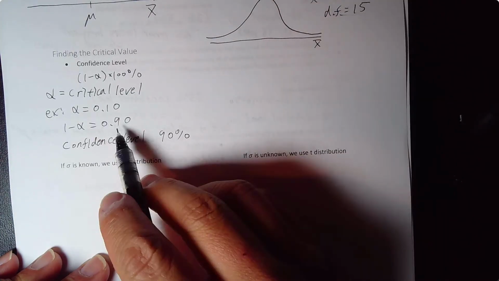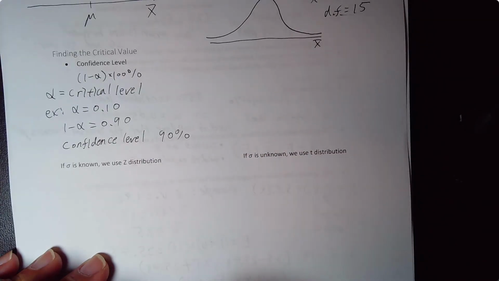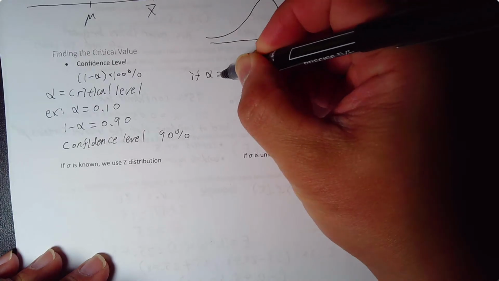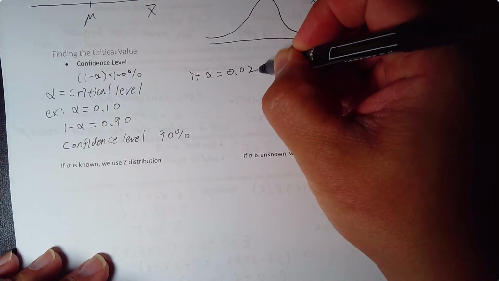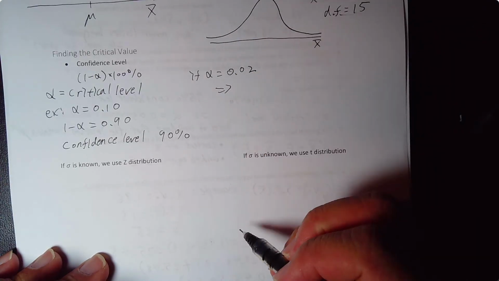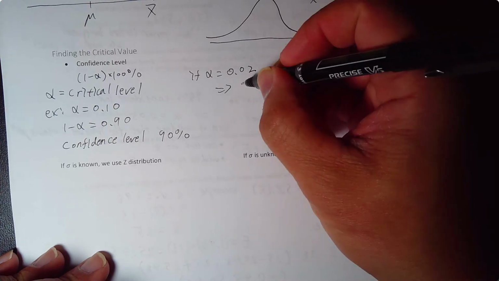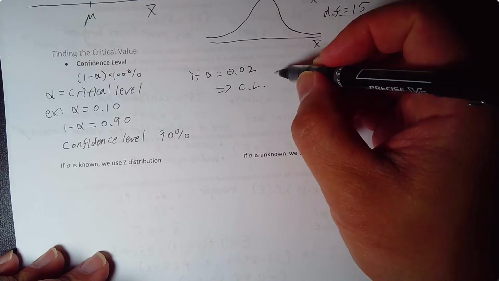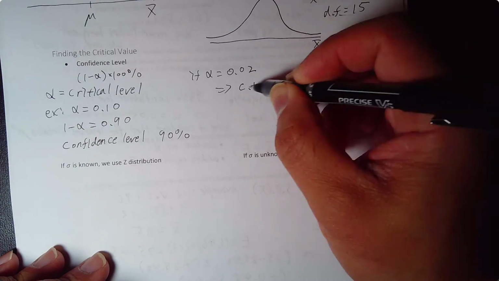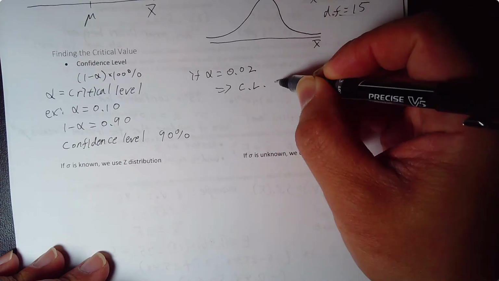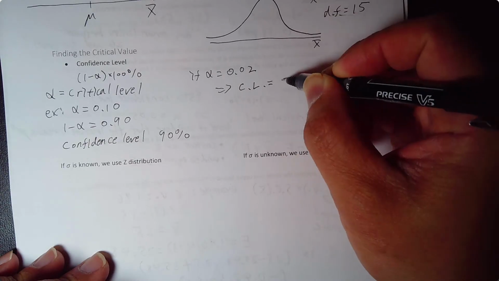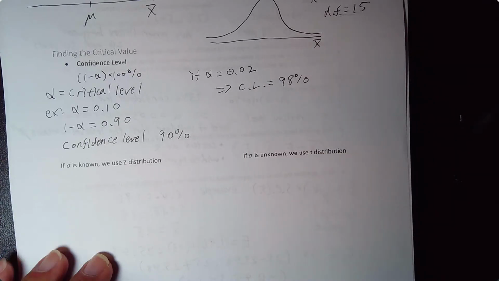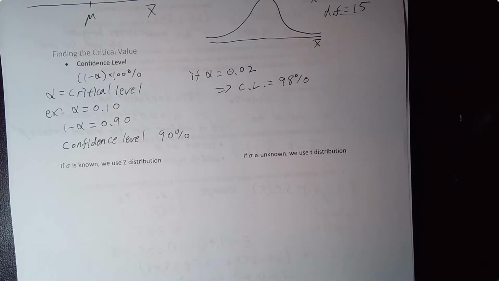If alpha equals 0.02, then we can go a little bit quicker here, then that means our confidence level will equal 98%.